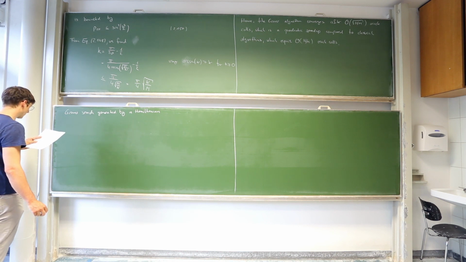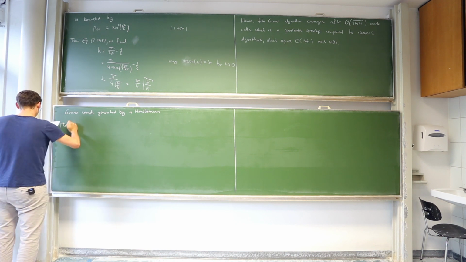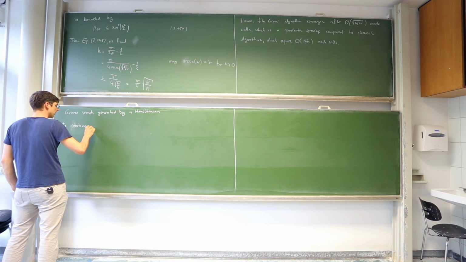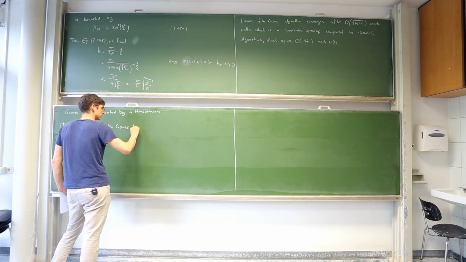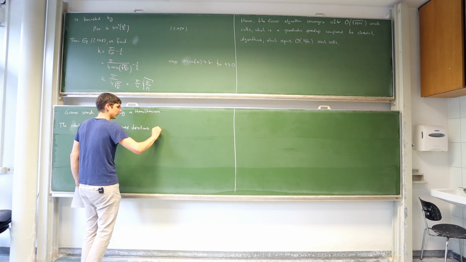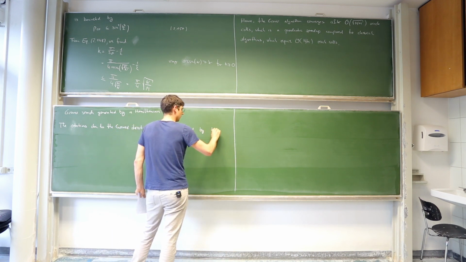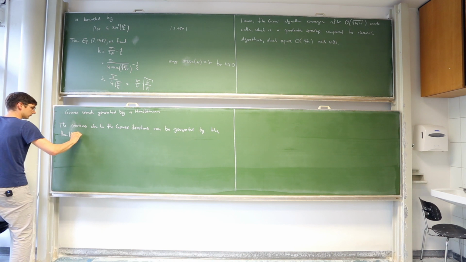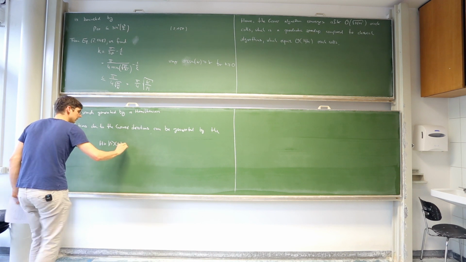So the Grover iteration, or the rotations due to the Grover iterations, they can be generated by the Hamiltonian, namely H is equal to beta beta plus psi psi.